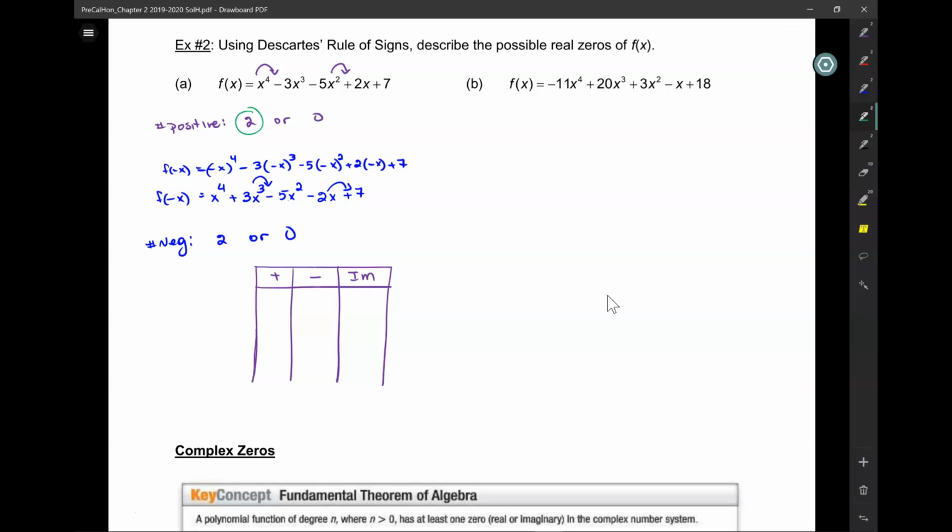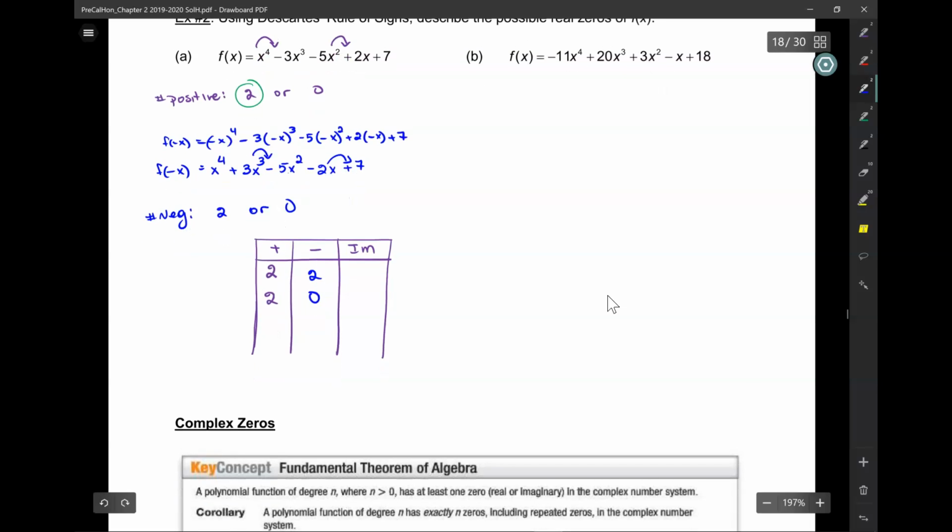So 2 matches with a blue 2, and it matches with a blue 0. And then this 0, you have to match it with a blue 2 and a blue 0. So 0 with a 2, 0 with a 0.